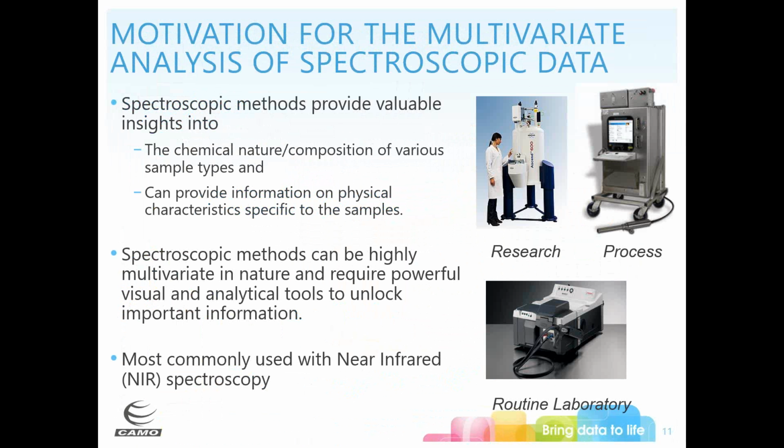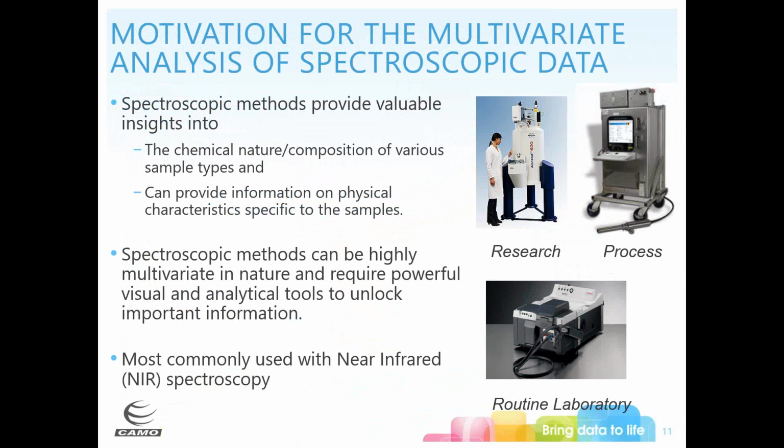So some of the motivation for your multivariate analysis of spectroscopic data. Spectroscopic methods provide insights into both the chemical and the physical characteristics of your samples. Now, sometimes those physical characteristics can be noise and overwhelm the chemical nature of what you are looking at.